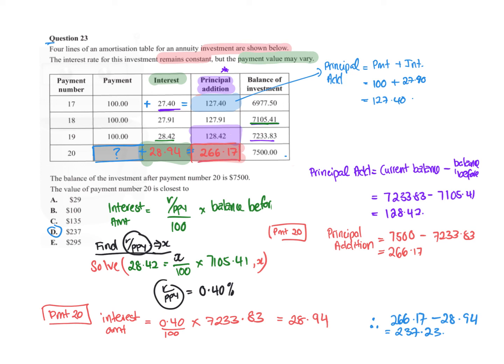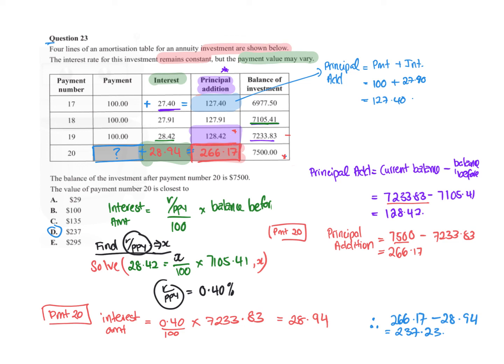You could find that by using the current balance minus the balance before. Just to show you, I've done it in purple to show you how you got that one. If I did the current balance there and minus the balance before, I get the principal addition. I find out how much more was added. So I'm going to do that down here. I'm going to use the 7,000 that I know and minus the balance before.